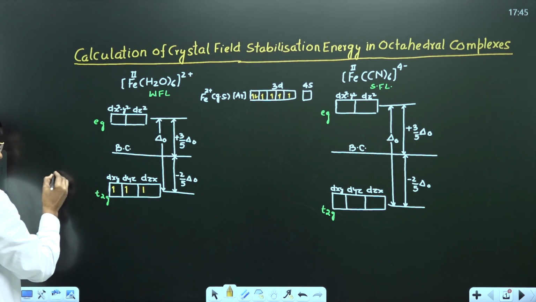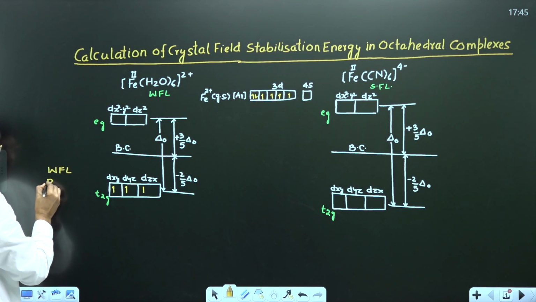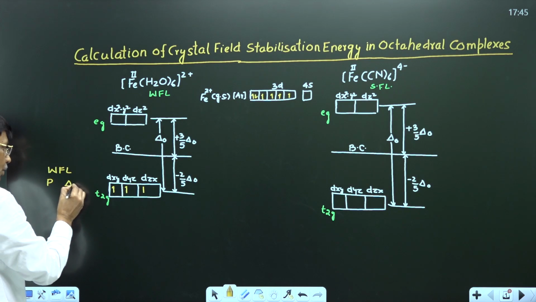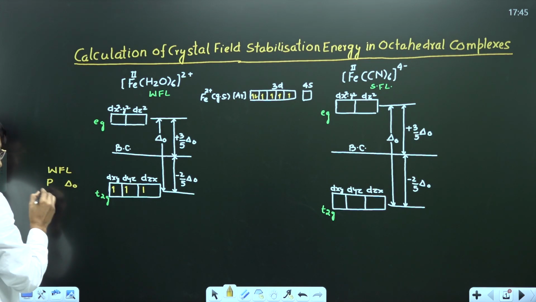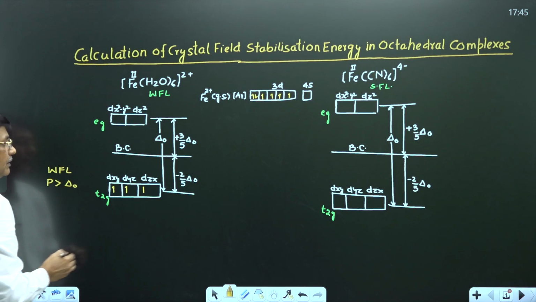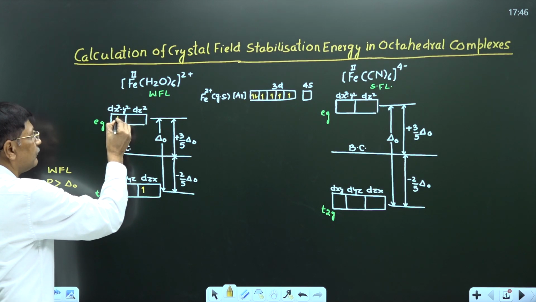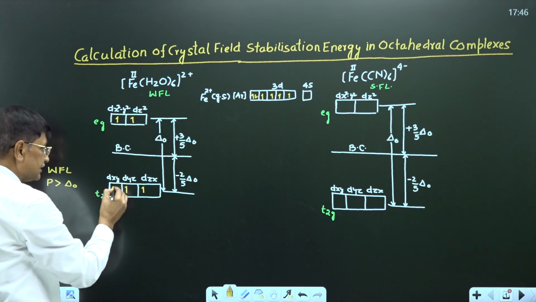Students, this is a case of WFL. So in case of WFL, compare mean pairing energy P and delta O. In this case, P will be greater than delta O. So obviously, the fourth electron will go into the Eg orbital, fourth, then fifth, and then sixth.